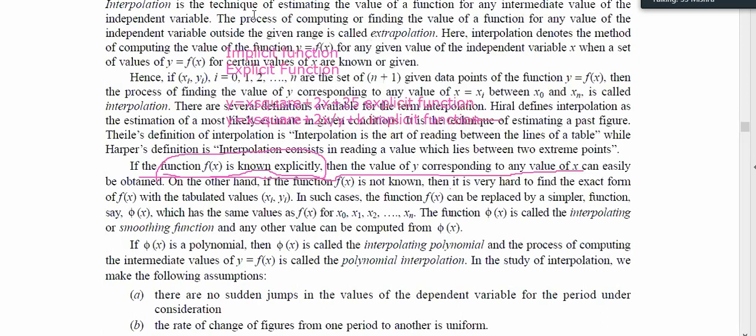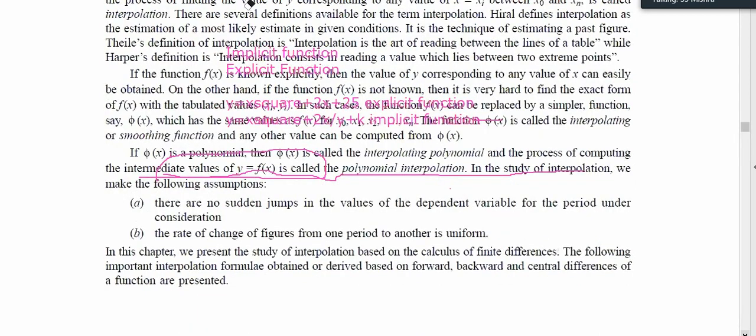Now the next concept is the polynomial. Again we have come to a new concept, the concept of the polynomial. If phi(x) is a polynomial, then phi(x) is called the interpolating polynomial. The process of computing for this is called polynomial interpolation.